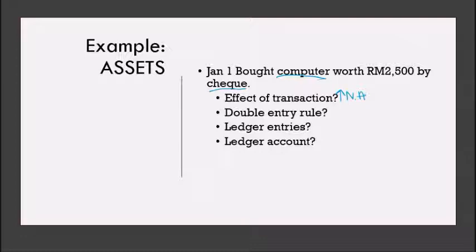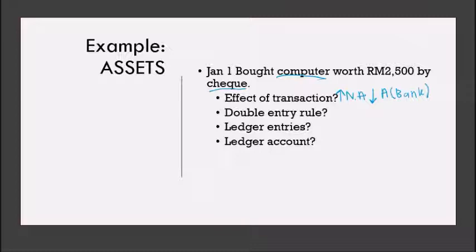So you pay it by cheque. Thus another asset is decreasing. But what is the asset? Cheque is bank. Okay. So when you pay by cheque, the account will be bank. So you can see that this is the transaction.